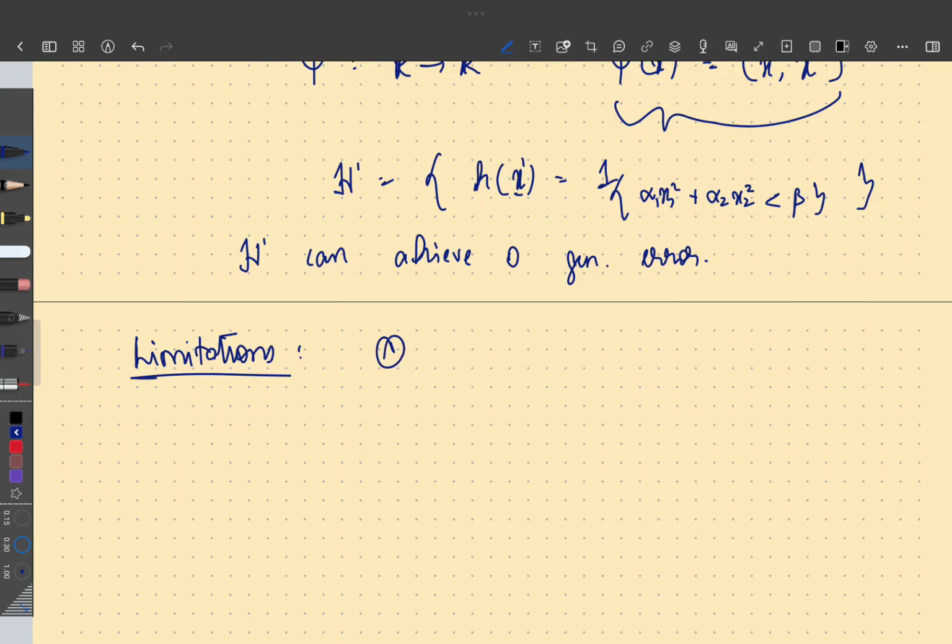So that comes with two limitations. Well, since you're going to a higher dimensional space, number one, the dimension increases. That is, the dimension of the ambient space or the domain is now increased, and therefore the VC dimension also increases.